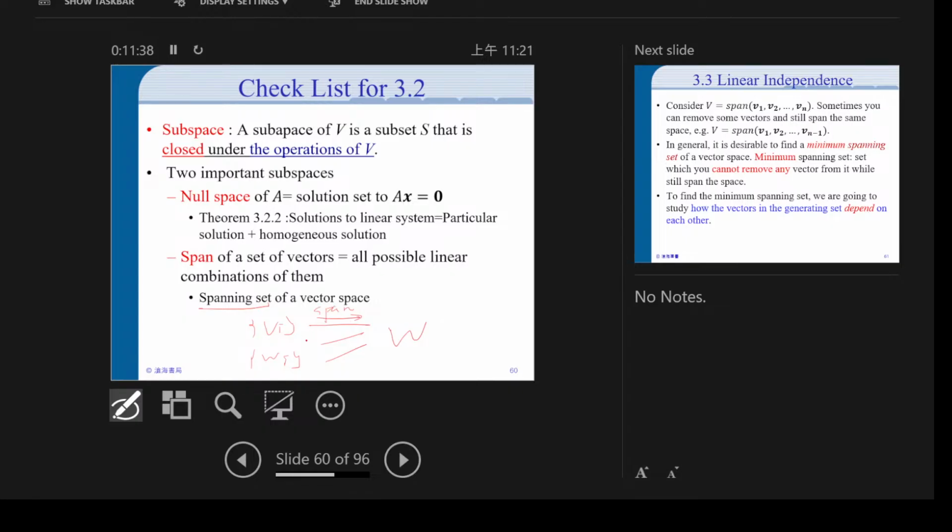So you can take all linear combinations of your set of vectors and they span, and they can be W, and then for W you can find the spanning set. Okay. W can have a whole bunch of spanning sets. Okay, and yeah, so that's 3.2. Any question?